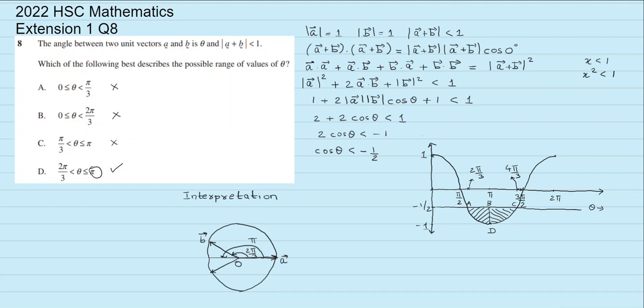So effectively this part is the portion at which the resultant of the two vectors A plus B will be less than 1, less than unity.